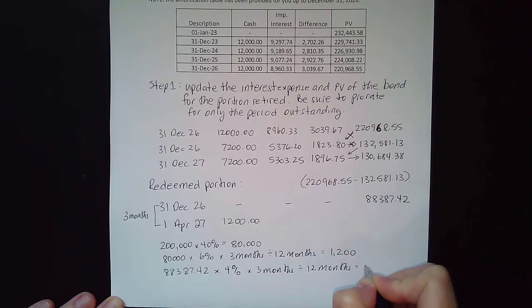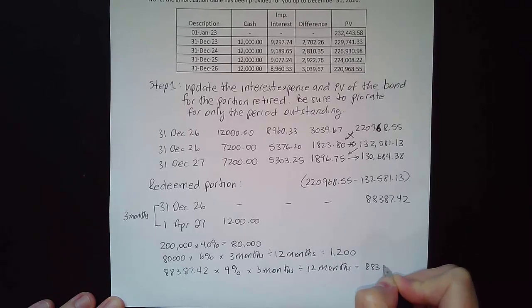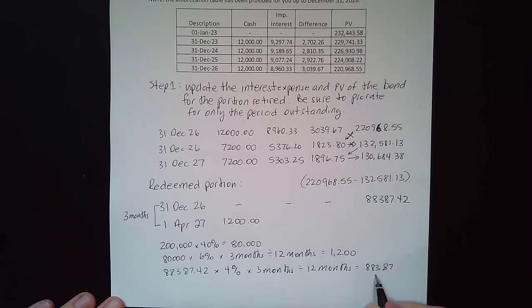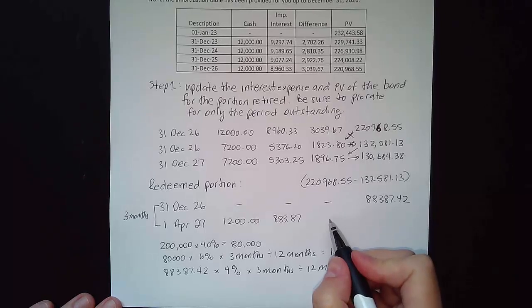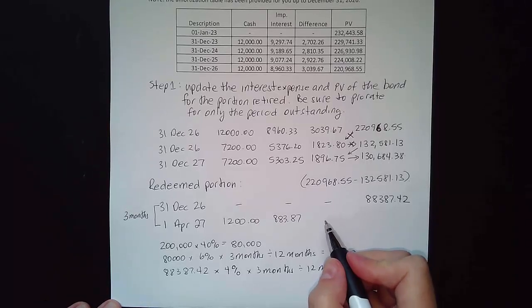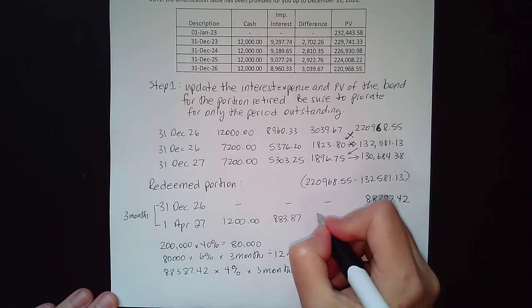And this is equal to $883.87. That's the amount of implicit interest that we incurred from holding the bond for 3 months. Don't forget, only the 40% of the bond. Now, the difference is the amount that we have to amortize at April 1st, 2027.